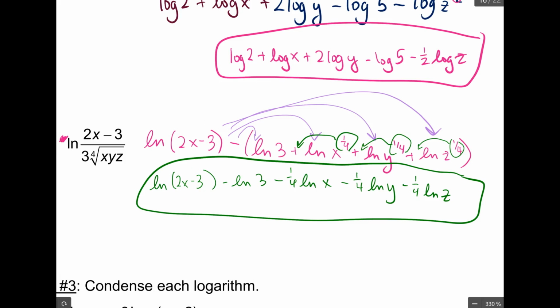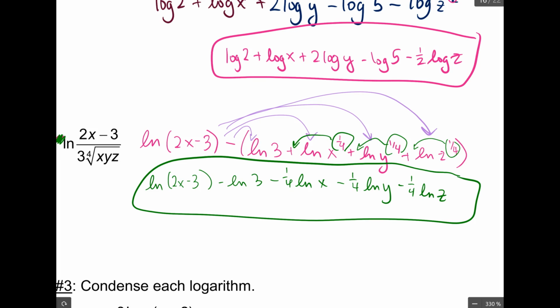I don't know why there was a star here. I did not mean to do that. Anyway, so let's see. I have this top part, and then I have a bottom part. I can rewrite this bottom as 3 times x to the 1/4, y to the 1/4, z to the 1/4. All these are being multiplied together. That's why I originally had them all added in here.